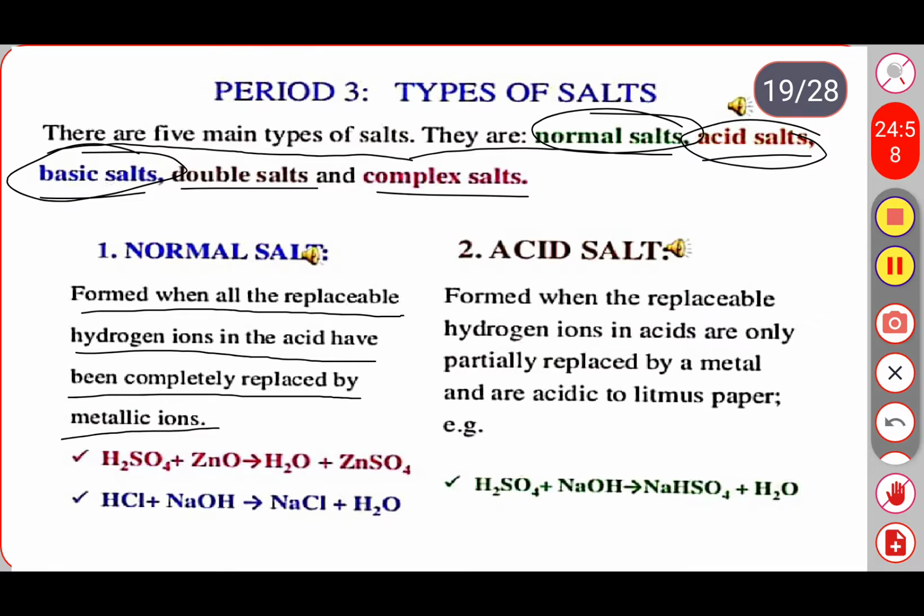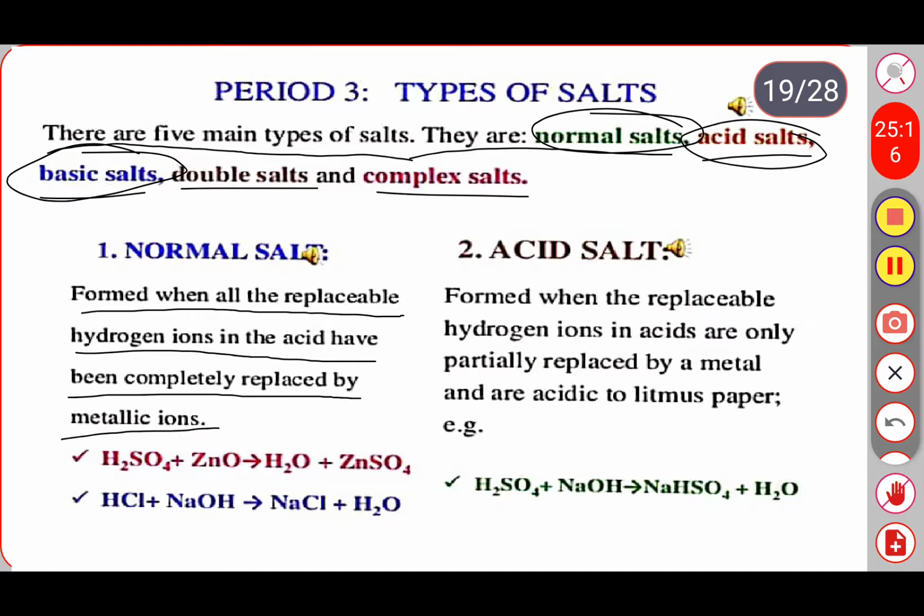For example, calcium sulfate, sodium phosphate, potassium phosphate. These are some of the examples of normal salts.